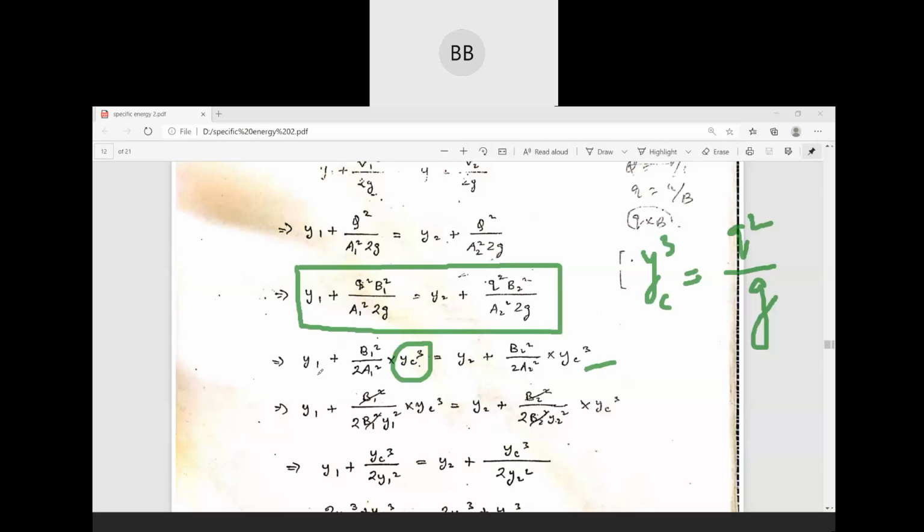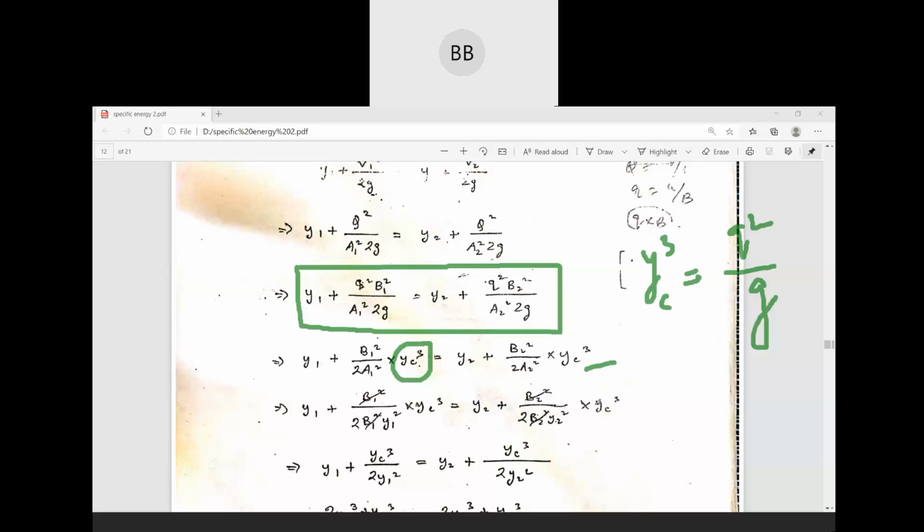After that, we are going to replace the area by b into y, because in the question it's given it's a rectangular channel. So in place of area we write b1 into y1, and as area square is there, it will be b1 square y1 square. So b1 square and b1 square will be cancelled out, and similarly here also, in place of a2 we write b2 multiplied by y2, squared.